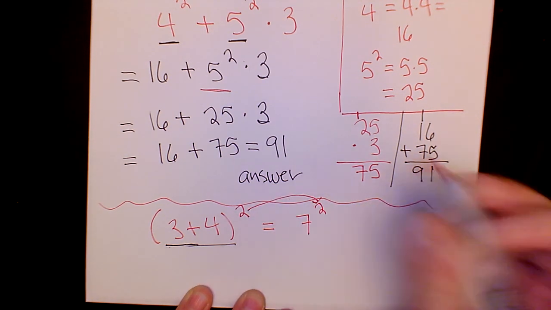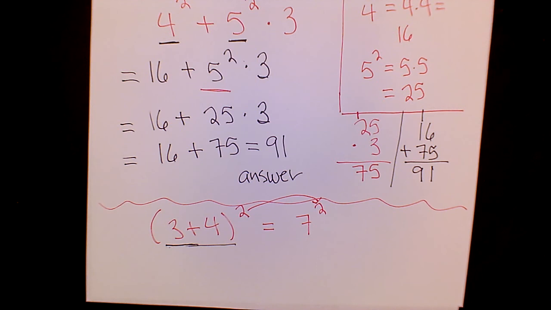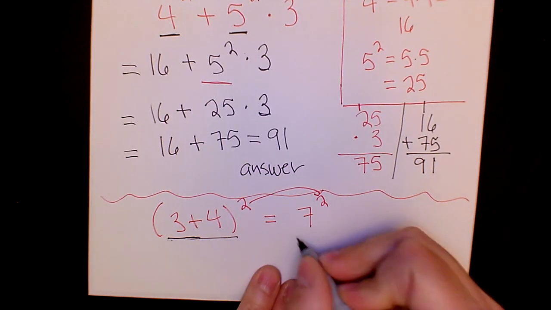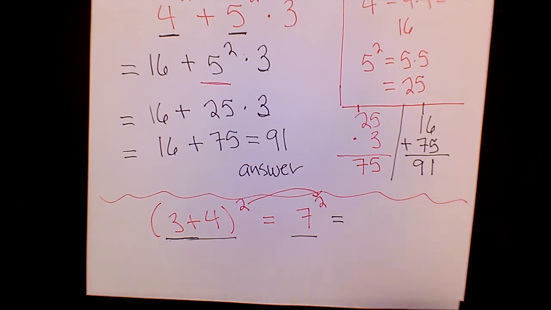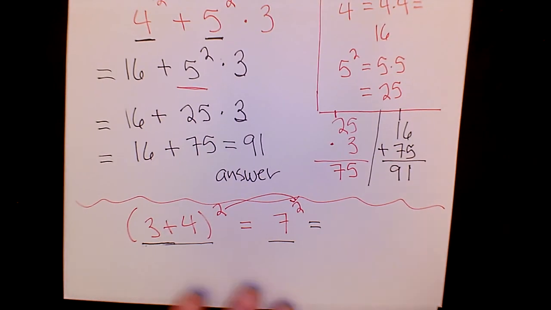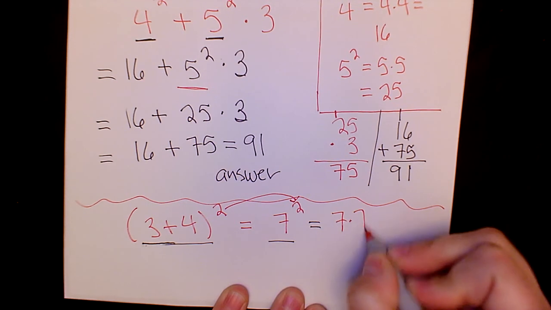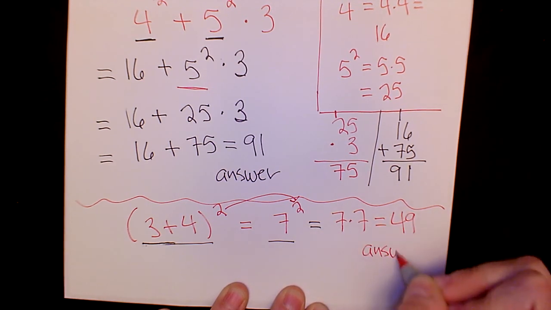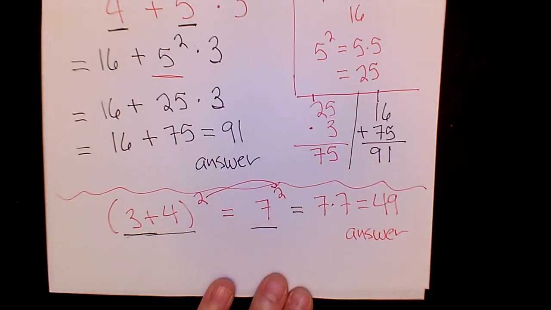And this squared is going to come over and be the exponent on top of the 7. So we do exponents next. And this is just 7 times 7, which is 49, which is my answer.